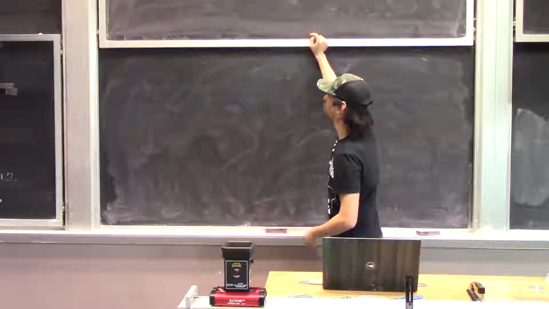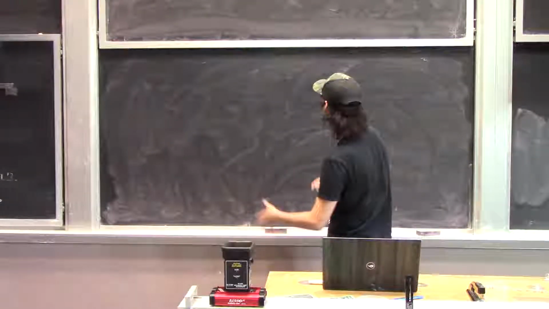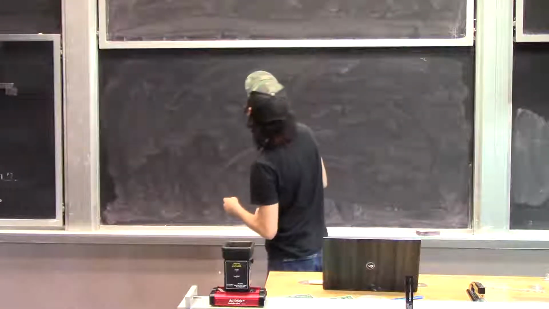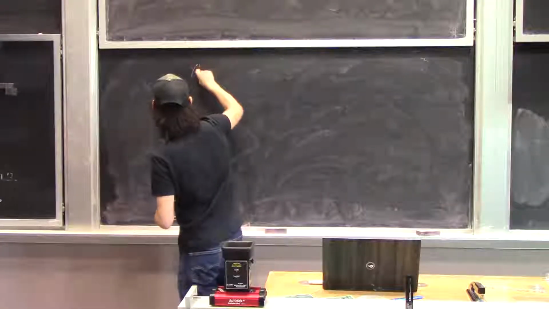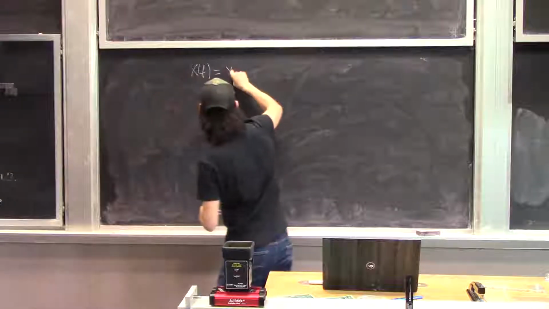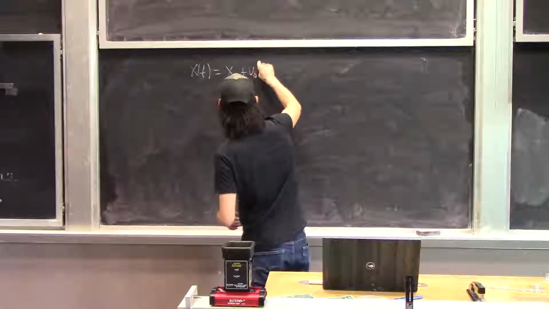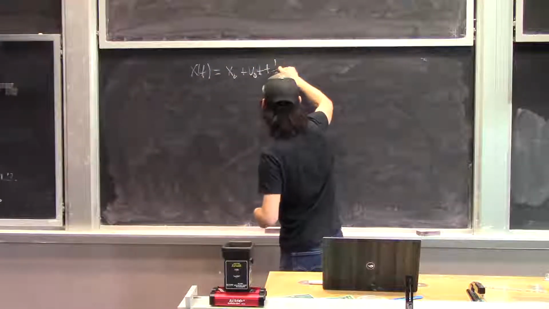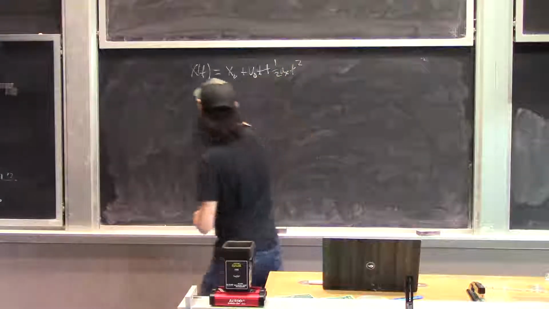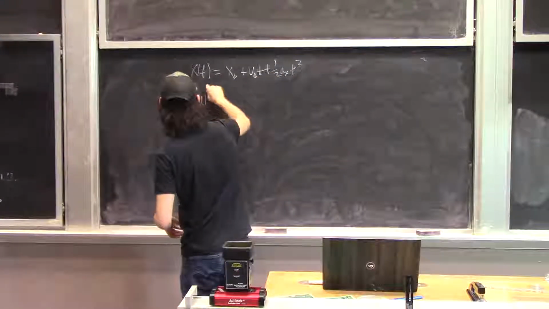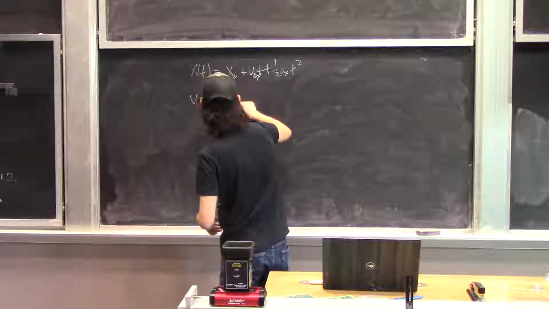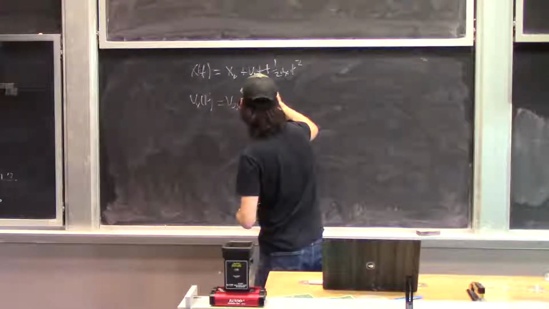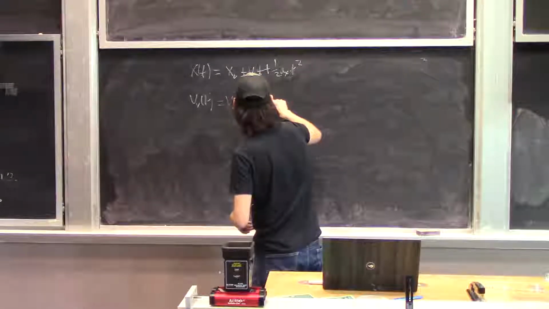And let me try to... Oh, I erased my equations. Or did I? No, they're not up there. Okay, so we had x of t is equal to x0 plus v0 t plus 1/2 a sub x t squared, v sub x of t is equal to v0 x plus a x t.